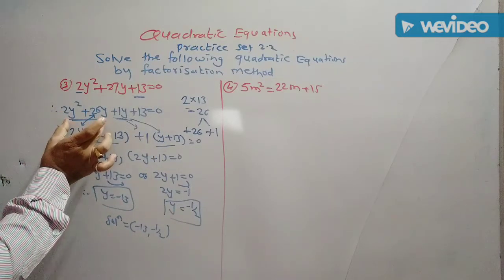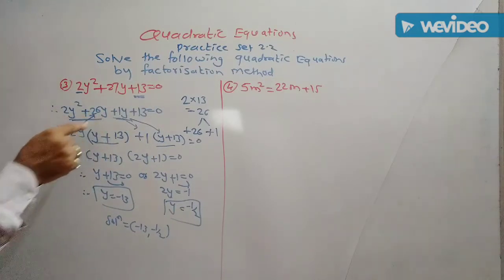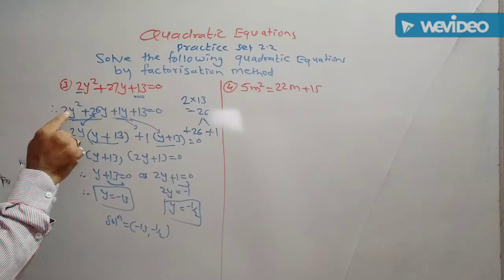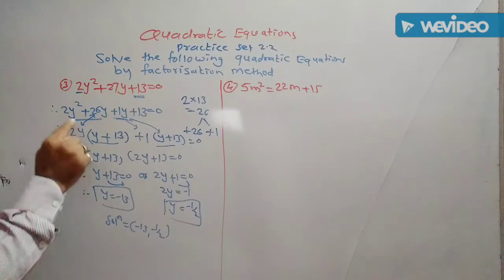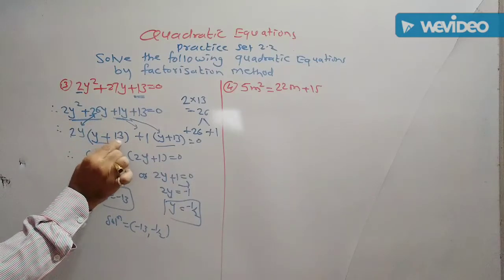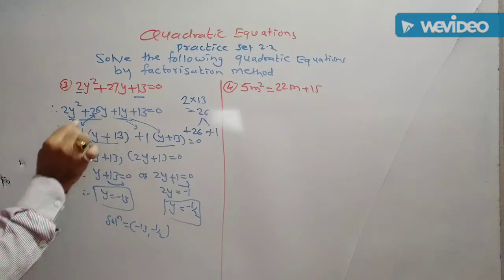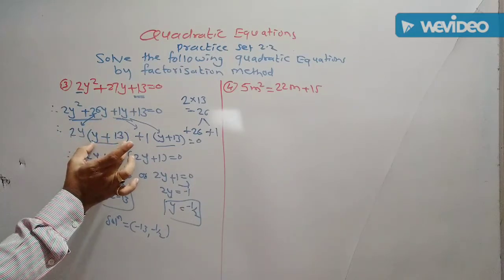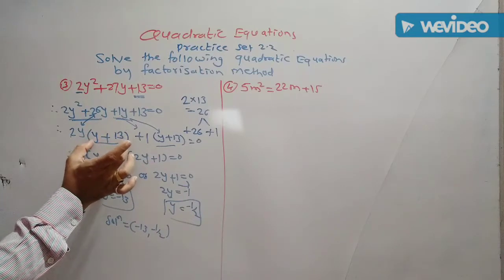Now from this 2y square and 26y, 2y gets common because both are multiples of 2. Now from 2y square, 2y gets common, remaining is y. From 26, 2 gets common. Therefore here we write the division of both, that is 26 divided by 2, that is 13. Now the y plus 13 bracket we get here.